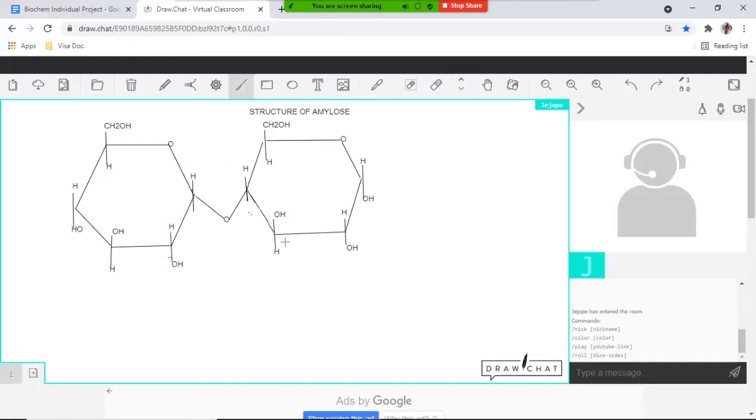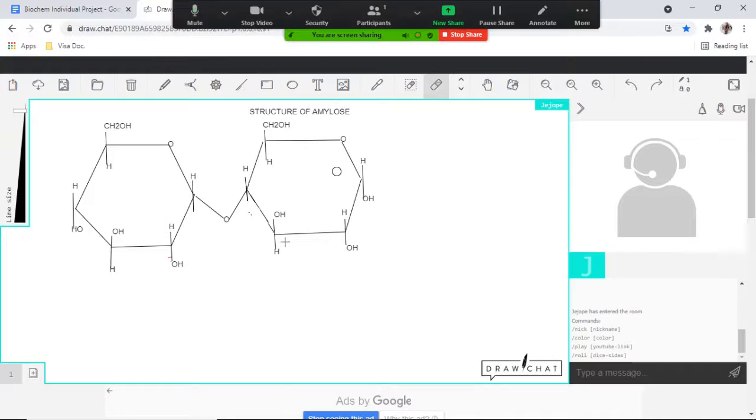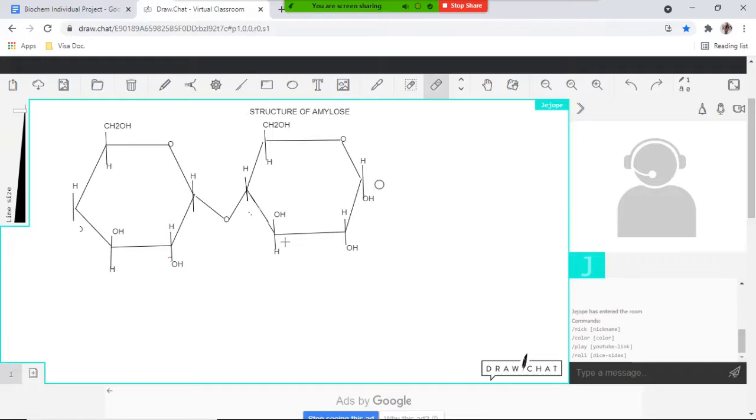Which, by the way, let's just number it really quick. We have 1, 2, 3, 4, 5 at the bottom, 6 at the top, and vice versa on this side. In addition, we're going to want to remove the hydrogen from either side of these units here, seeing as they would form other glycosidic bonds.